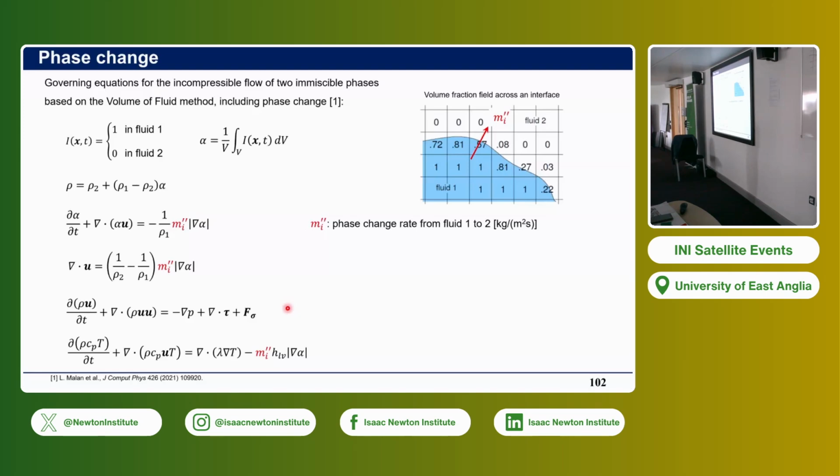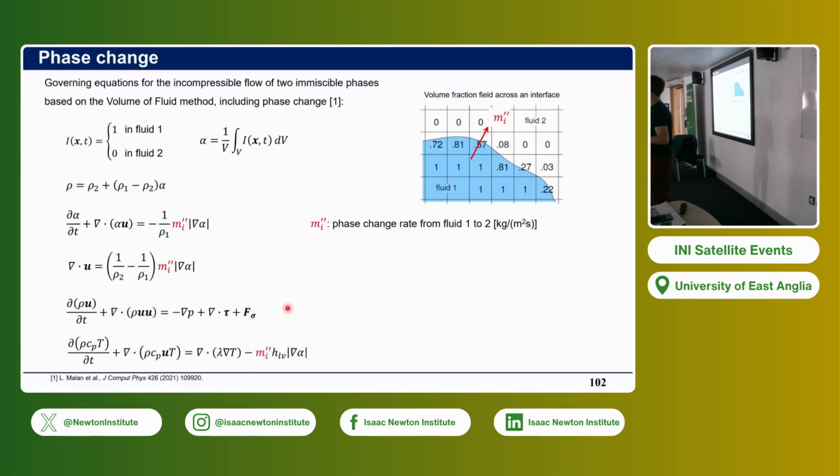But if you want to do droplet evaporation in air, then you need to implement also the concentration equation for the vapor in the air, because it will impact your evaporation rate. So it cannot be done with the solver I'm showing you. This is only for evaporation in a saturated environment.